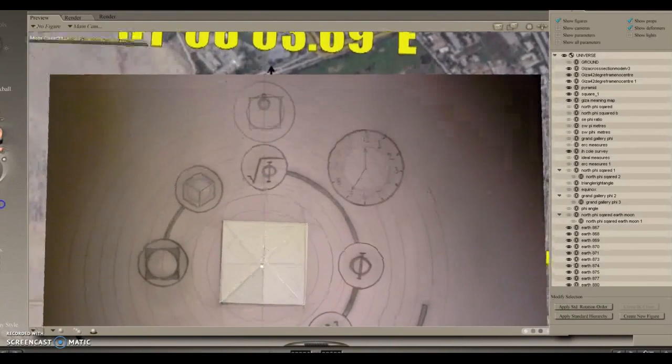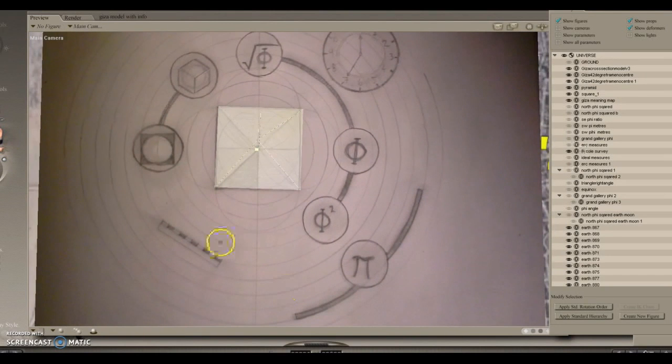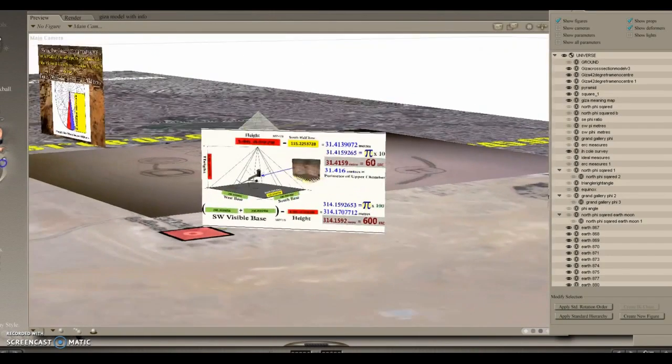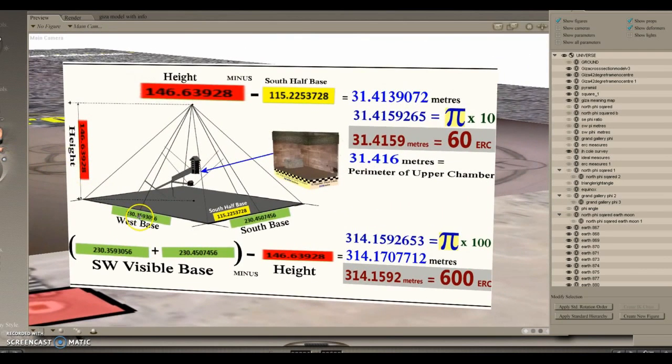Now, I said that the southeastern corner represents proportion, and now I have this ruler here to represent measurement. As an example, here we see the west and the south base, and we minus the height, we get 314.17071 meters, which again is really close to pi times 100 meters.